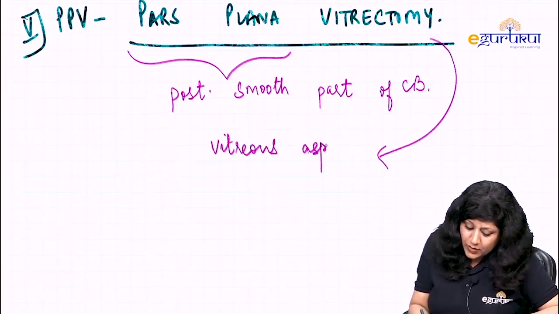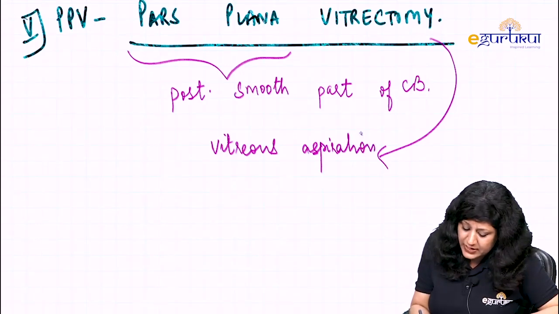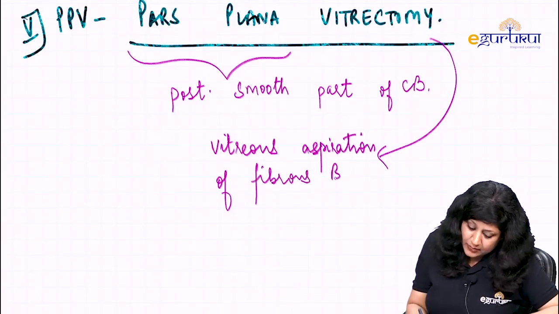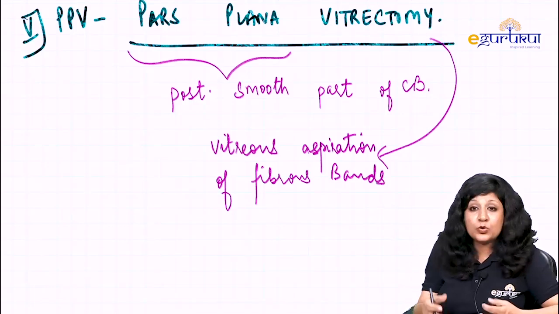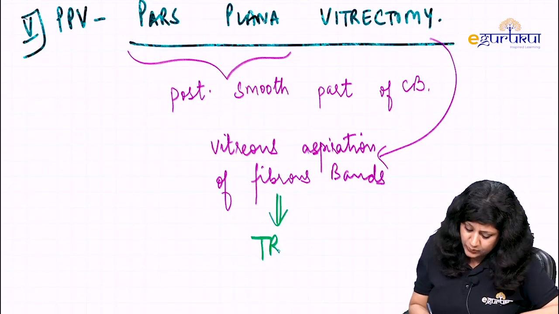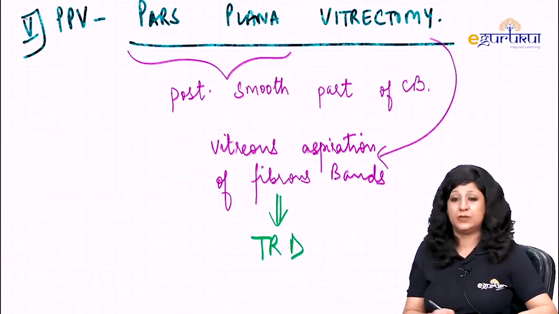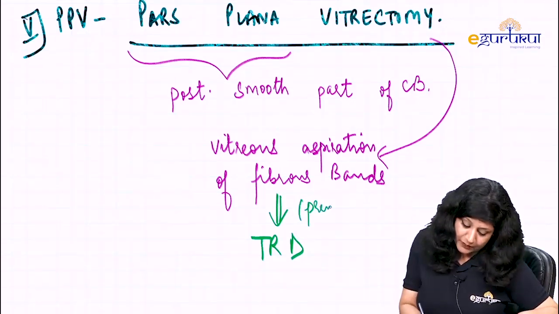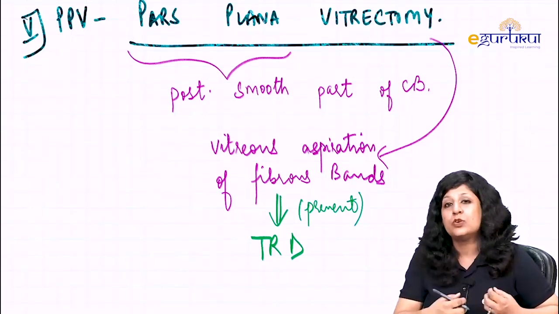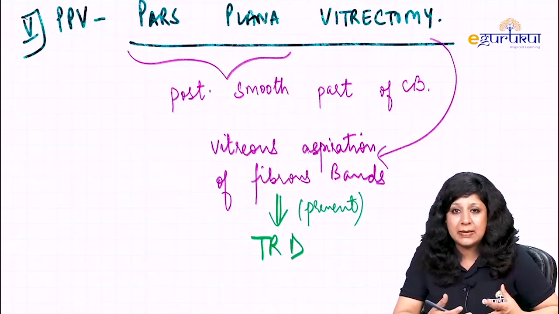So why is this vitreous aspiration of the fibrous bands important? Why do you want to remove these fibrous bands? Because they can lead to tractional retinal detachment. So in order to prevent this tractional RD, I can do the aspiration of these tractional bands.